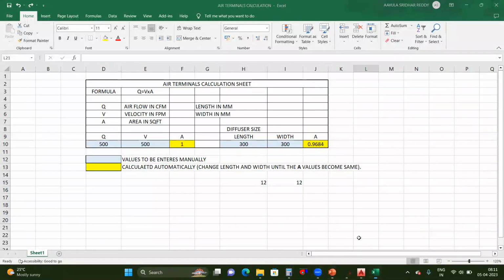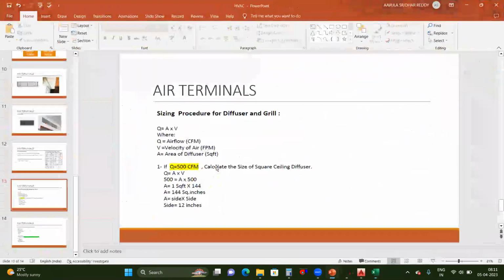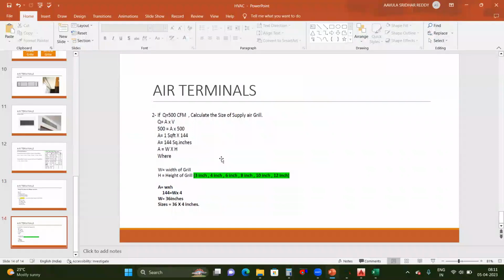So next we will do the calculation for the next one, that is the grill we have done. So here also the CFM and the FPM are the same, 500, 500, and only the height and width are different. So the height we have assumed as 4 inches. Okay, so what will we do?